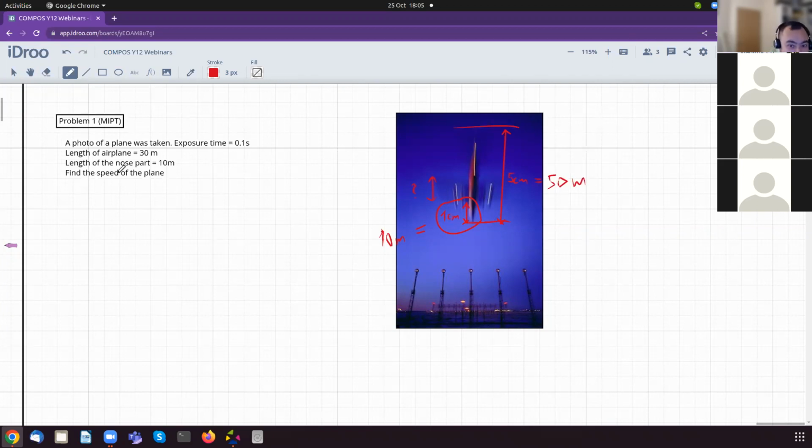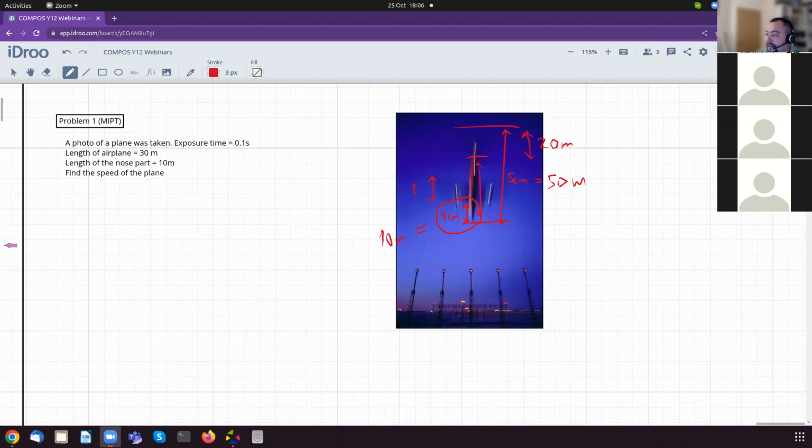And then it says the length of the airplane is 30 meters. So the actual plane is just this bit. So that's 30 meters. That means the plane has traveled 20 meters. Does this make sense that the plane has traveled 20 meters? 1 for yes, 0 for no, please.